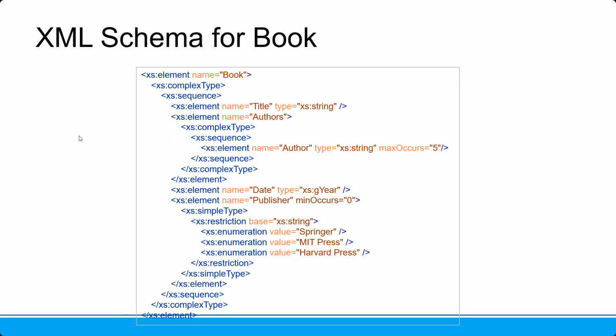Now let's see the XML schema for the book. When you look at this data, you have the XS. XS means the XML schema, and the element name is book. Now we have the XS complex type.